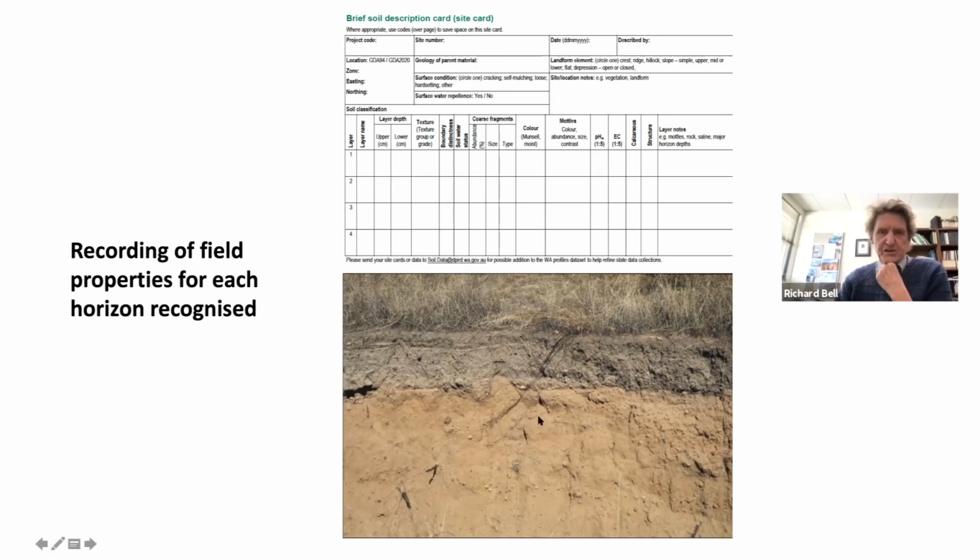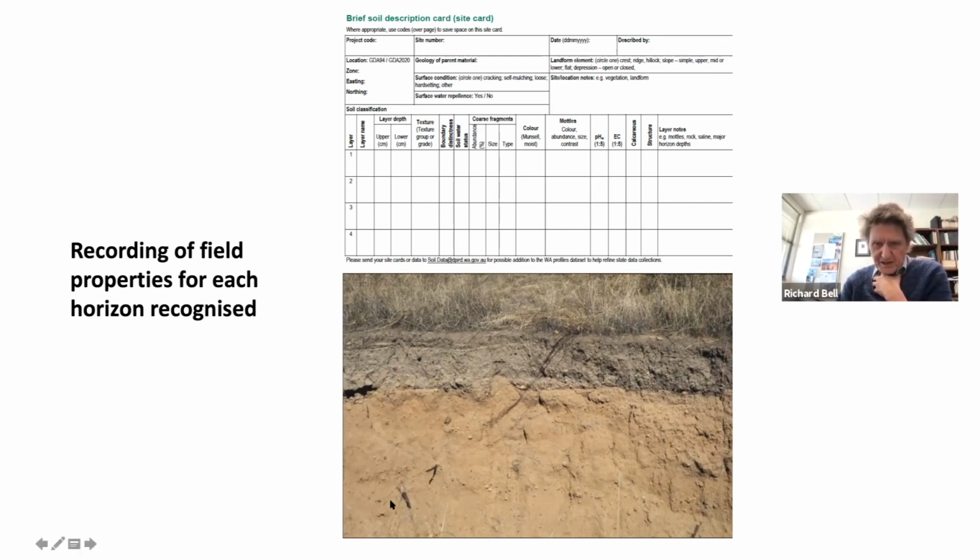And so in a profile such as the one shown in the bottom right, there's a horizon which is dark coloured, but you can divide that into two layers. There's a shallow surface part of that, which is a little bit darker than underneath. And then there's quite a sharp transition into the more brownish, orangey brownish colour.